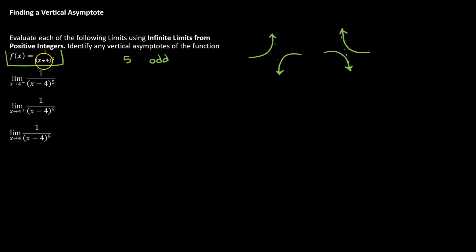Because we have x minus 4 in the denominator, we know that our asymptote is going to happen at x equals positive 4. That's important because knowing that that's the asymptote is going to help us solve these limit expressions.